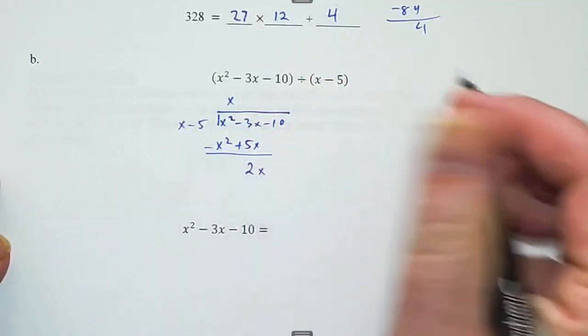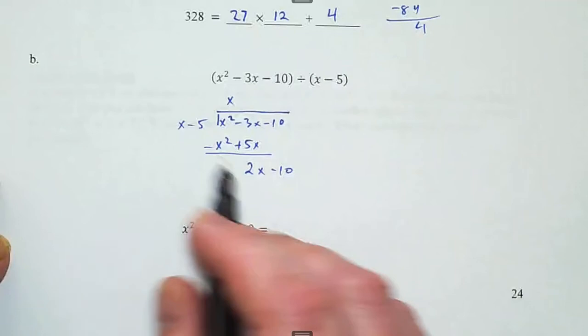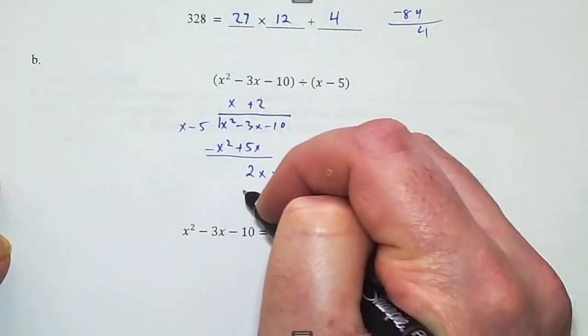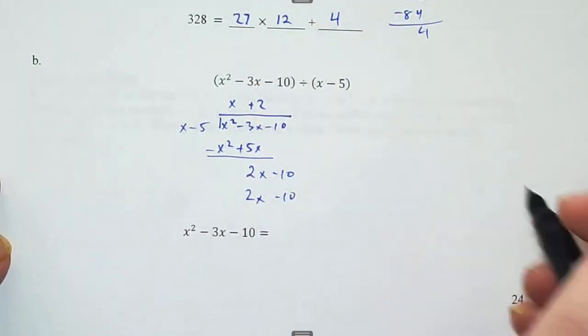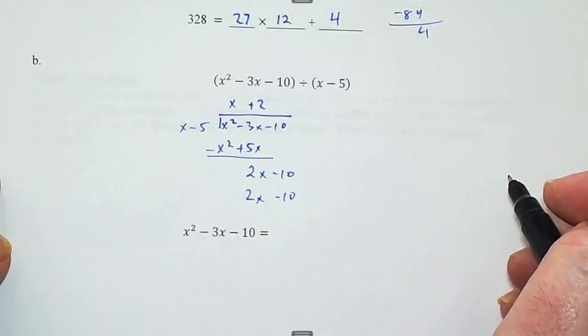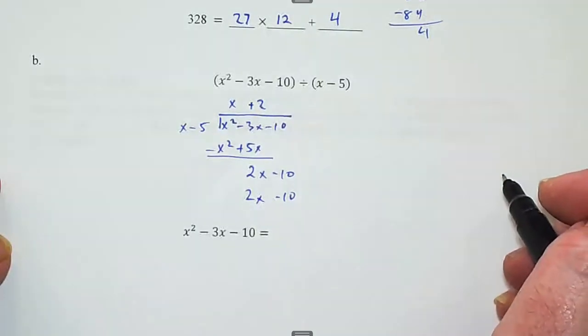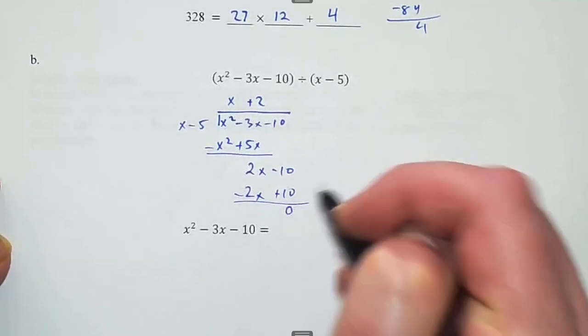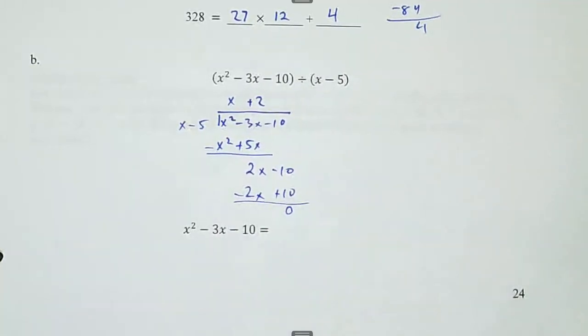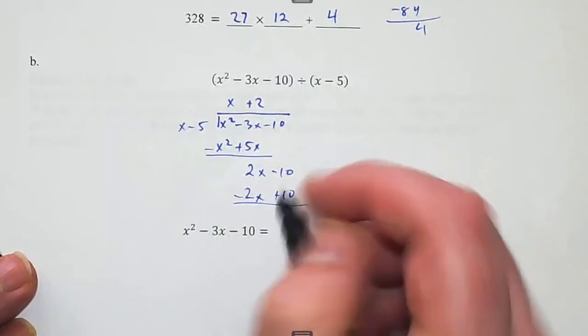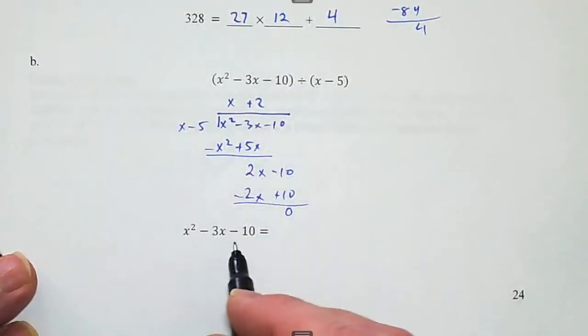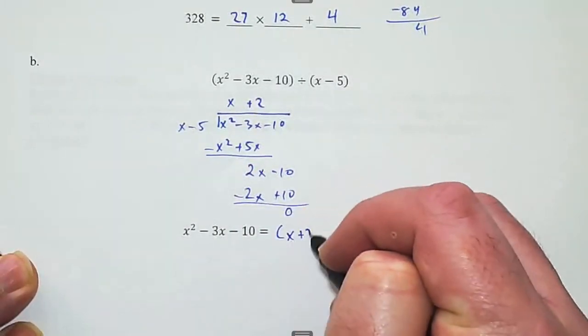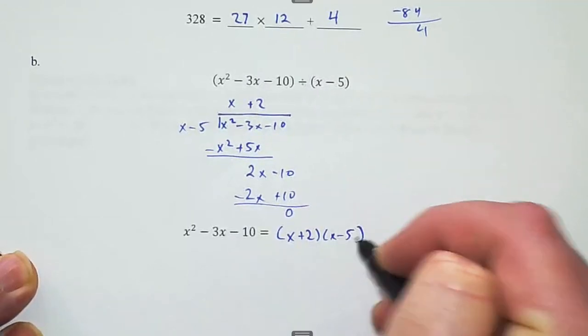So I get 2x minus 10. 2x divided by x is 2. Oh, this just has a remainder of 0, doesn't it? So it's a factor. So what I could say, though, is that x squared minus 3x minus 10 must equal x plus 2 times x minus 5.